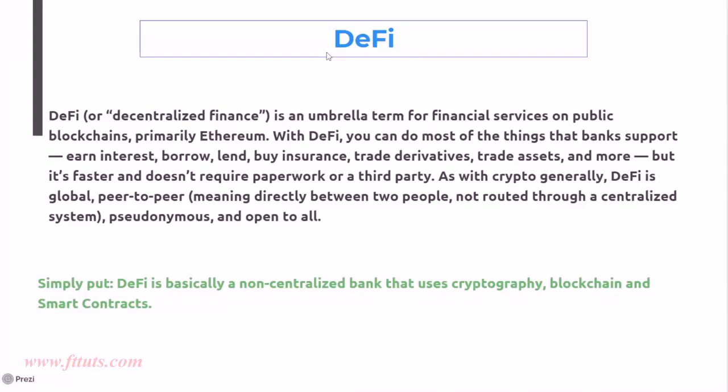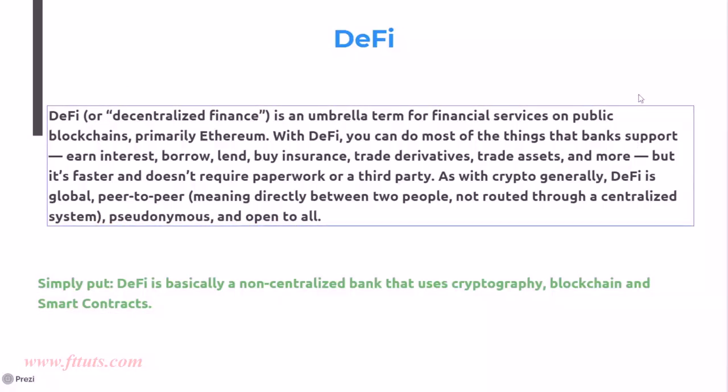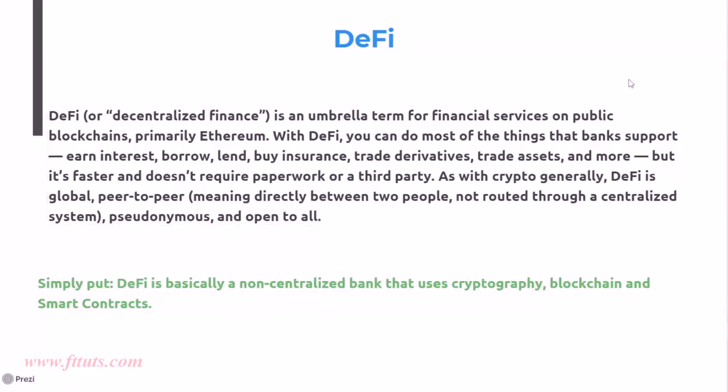Put simply, DeFi is basically a non-centralized bank that uses cryptography, blockchain, and smart contracts. Think of it as all the functions that a bank does, but using cryptocurrency so that there are way fewer loops to jump through and everything is a lot more efficient and quick.